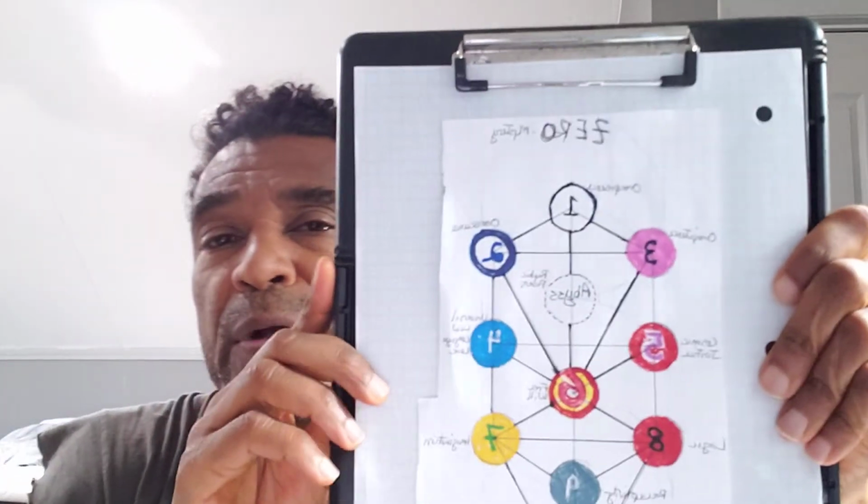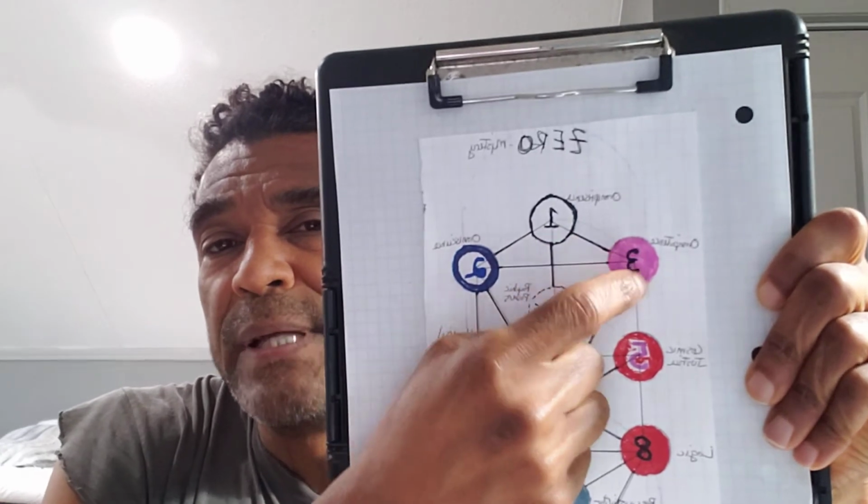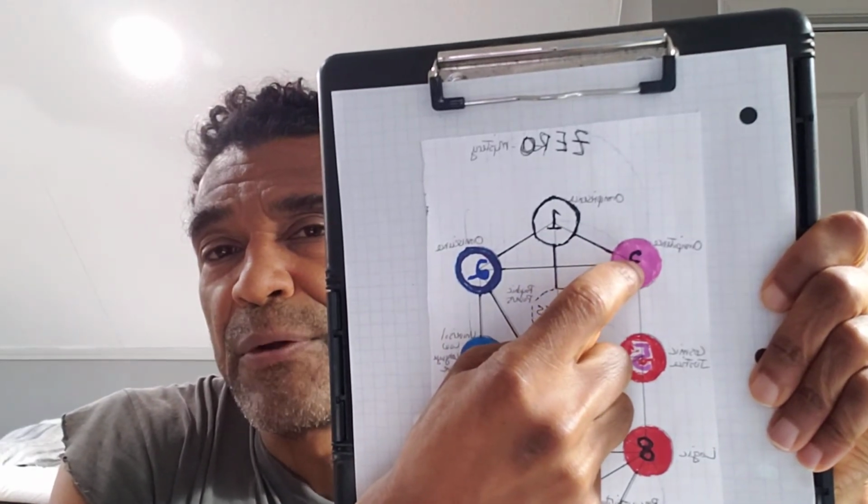Okay, now the question for today was, can we bend the rules to the game of life? Now this is stage number 101, and this relates to the third sphere, and the sixth fractal of the third sphere.